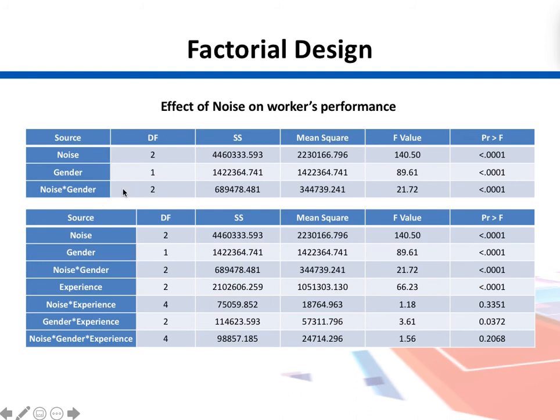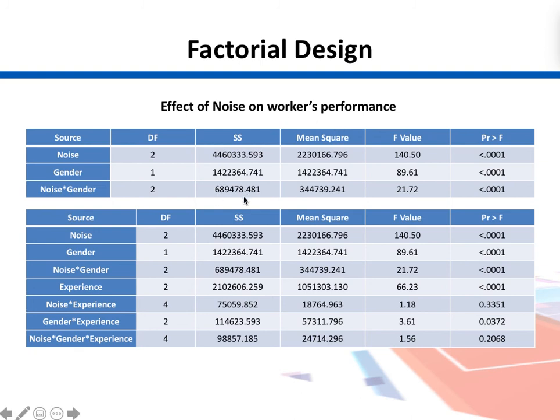We also see the noise and gender interaction in the ANOVA table, and we look into the p-values, and all of them seem significant. So noise affects both males and females differently. So the noise level has an interaction with gender.